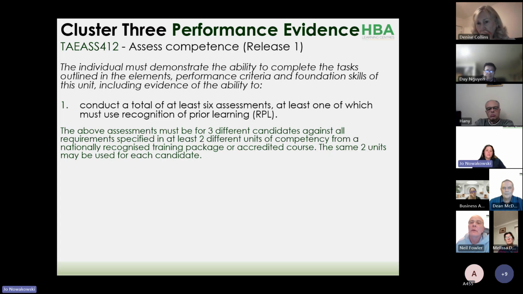Well, what we are needing to see is if you are able to be the assessor that is able to answer any questions while they're going through the assessment process.